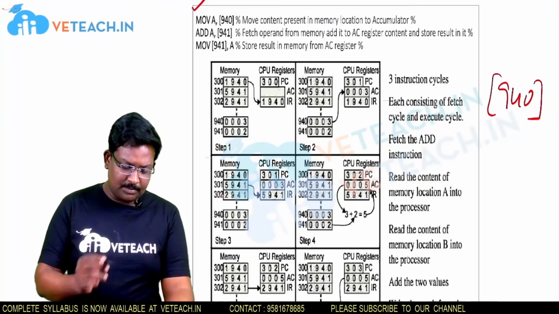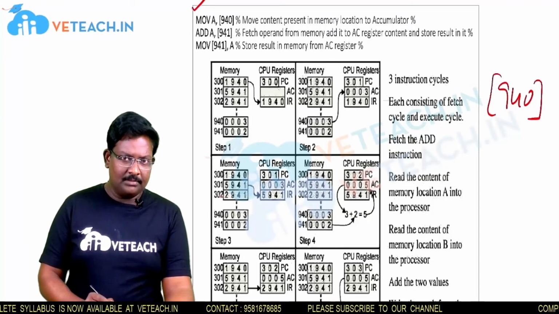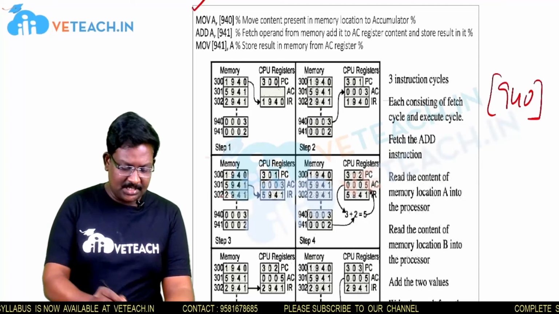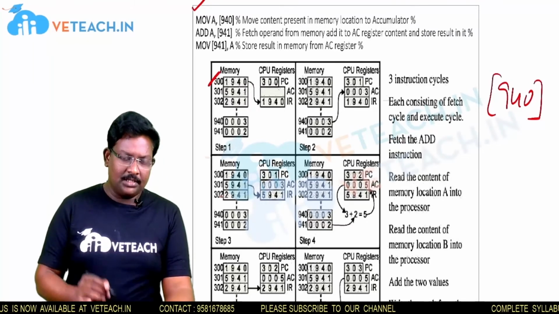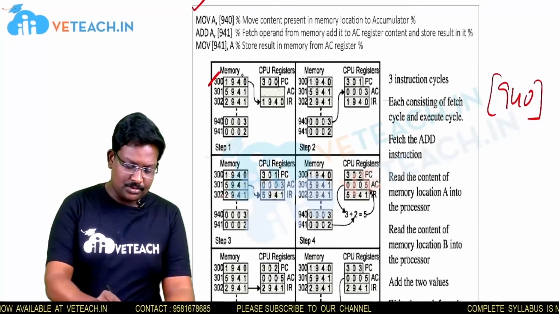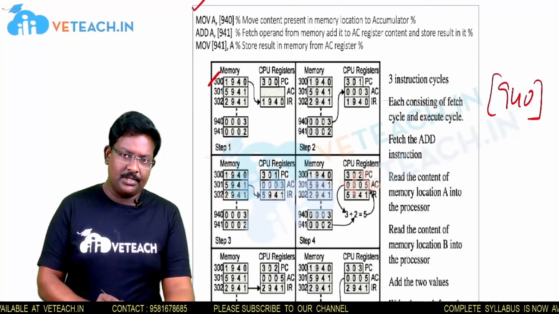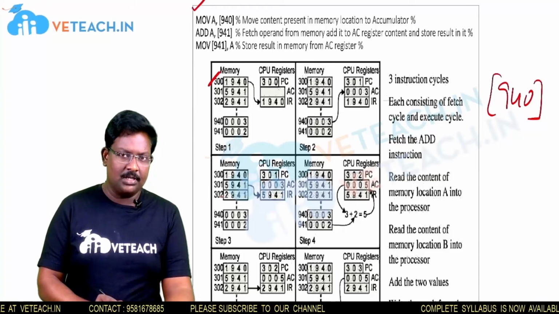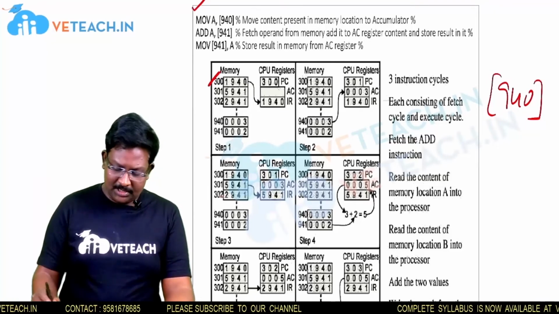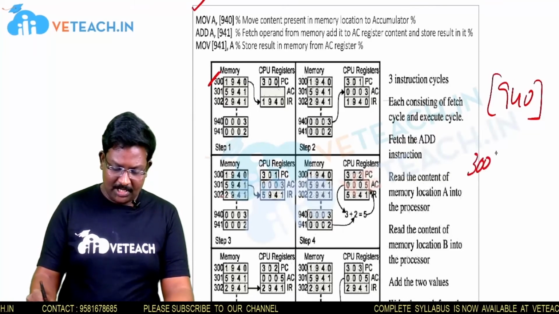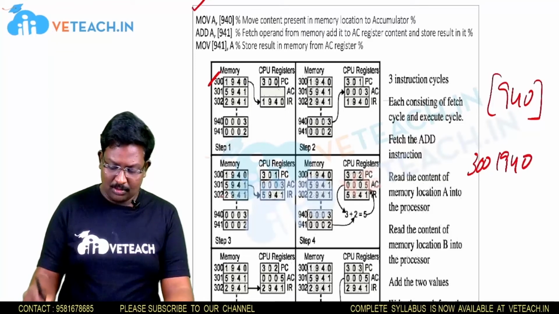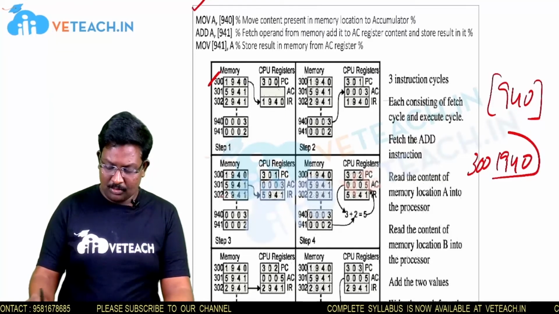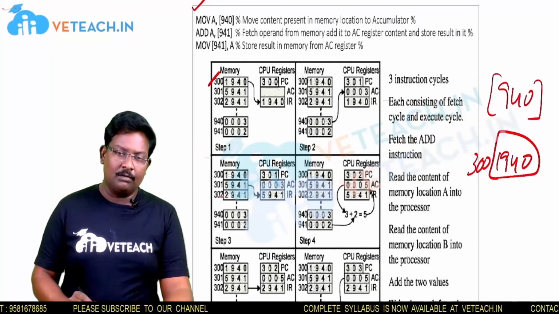We are going to see it in a step-by-step manner. In step 1, consider the memory with starting address 300, and at the 300 address location I have stored an instruction encoded as a hexadecimal number. At address 300 we have 1940.